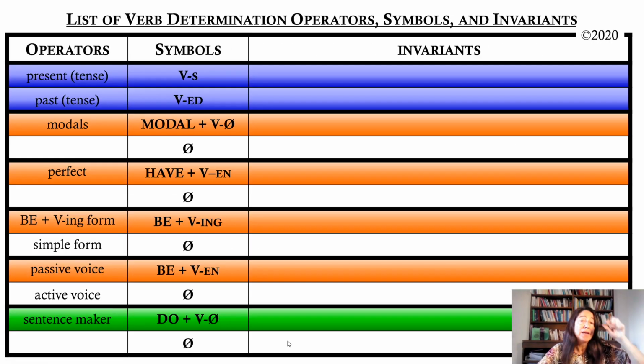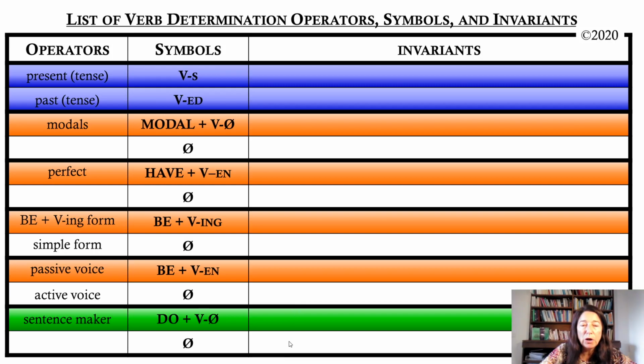We have seen the exhaustive list of all the tools or the operators you can use to give a form to a verb in English. And so make sure you use those symbols. They're really simple. There are very few of them, and they are very useful for you to make sure you use them correctly.